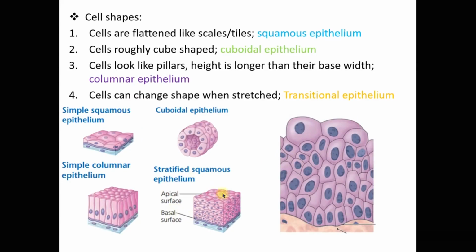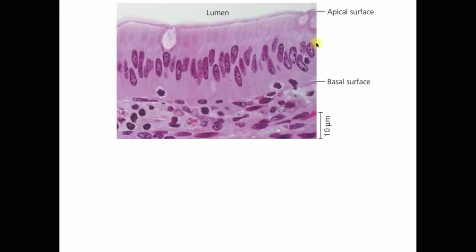In this diagram, this is the apical surface and this is the basal surface. How do these two surfaces differ? To make it easy to understand, the apical surface is the surface that faces the lumen. This is the basal surface, which is on top of the basement membrane.